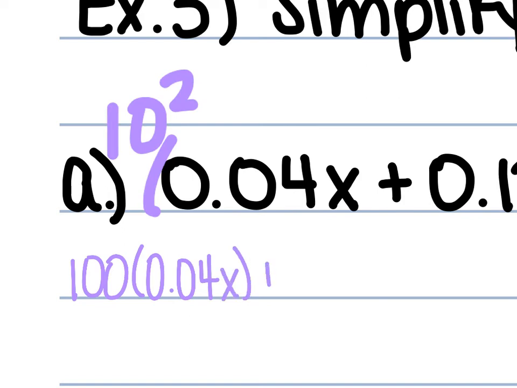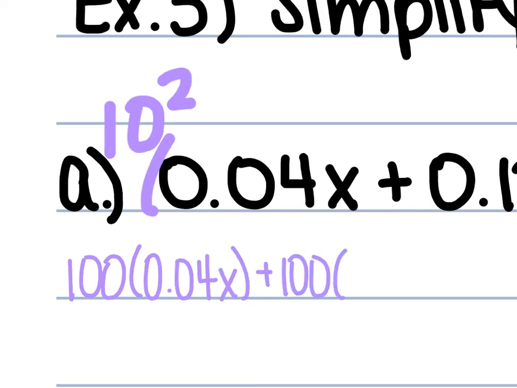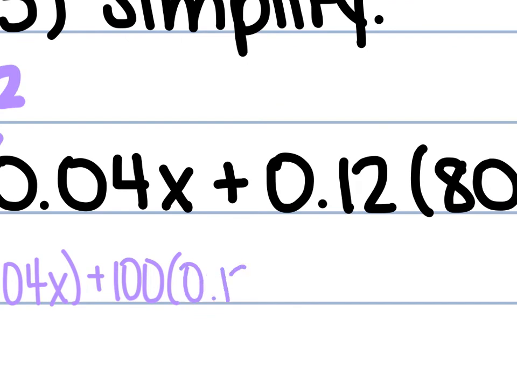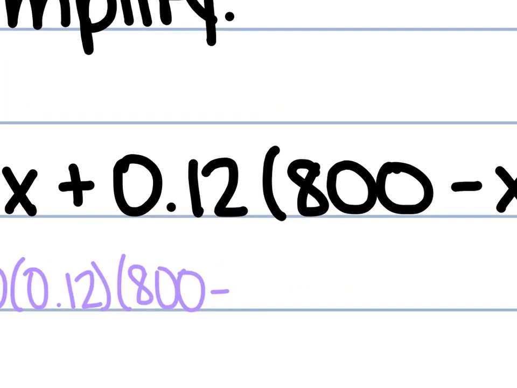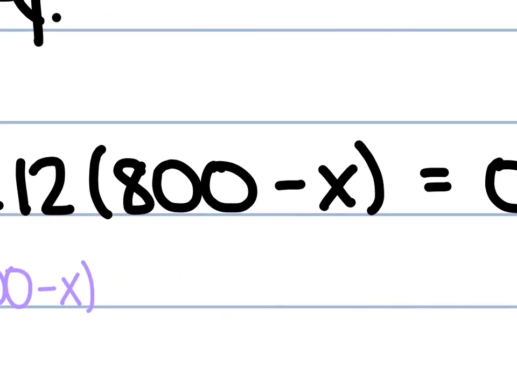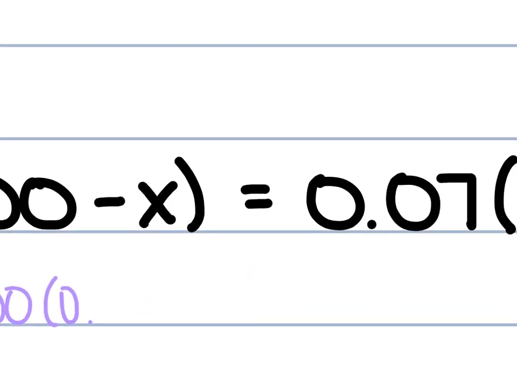0.04x plus 100 times 0.12 times 800 minus x is equal to 100 times 0.07 times 800.